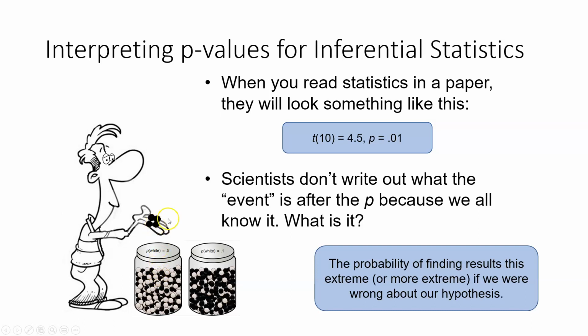And the probability that we're listing here in our scientific papers is the probability that we're wrong. Basically, the probability of finding really extreme samples like this that look like they're from this population, but they're actually not.